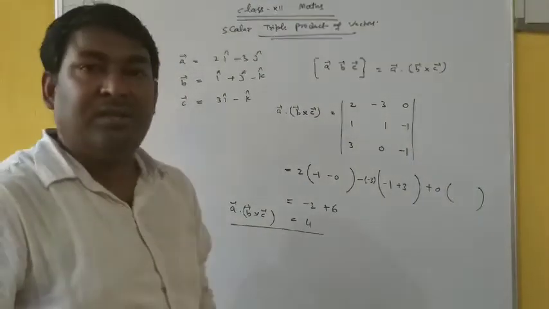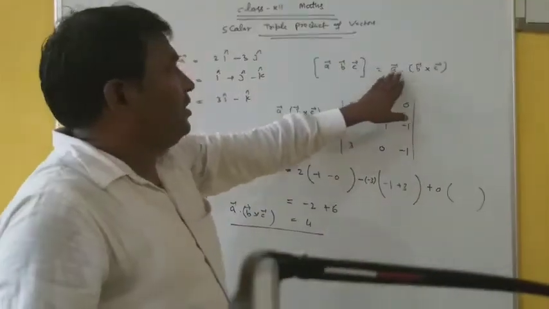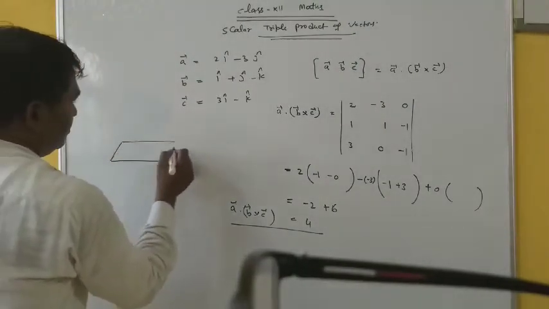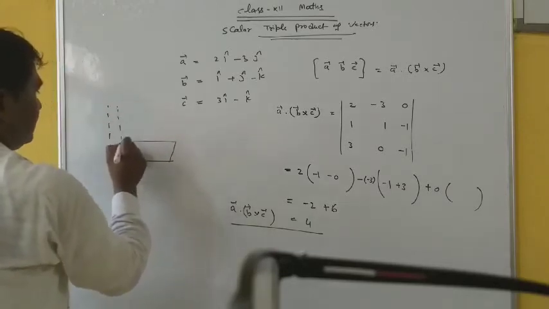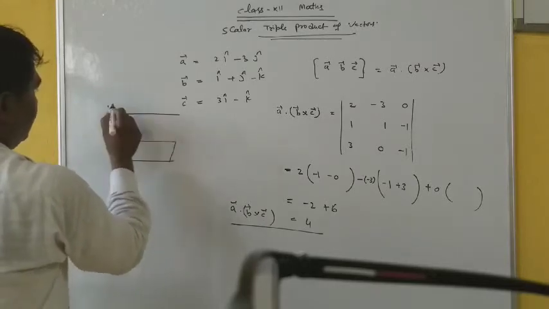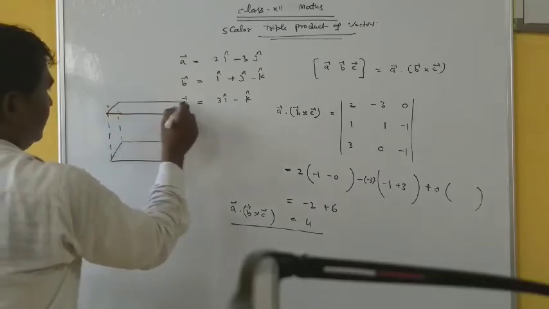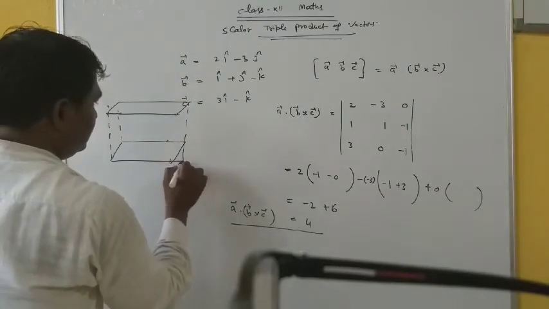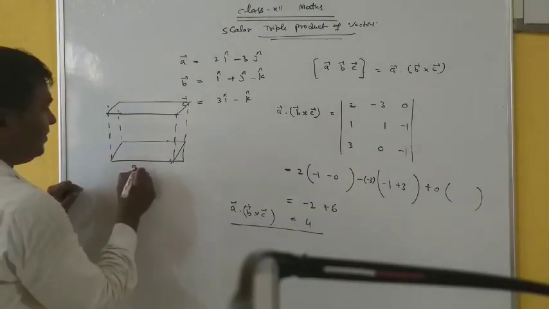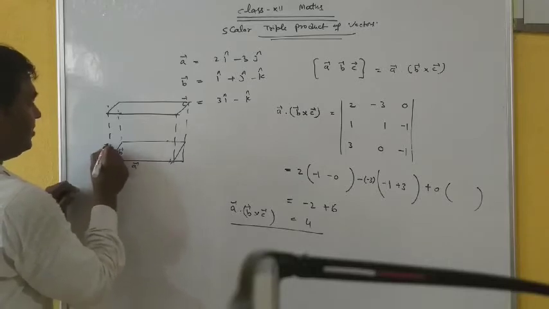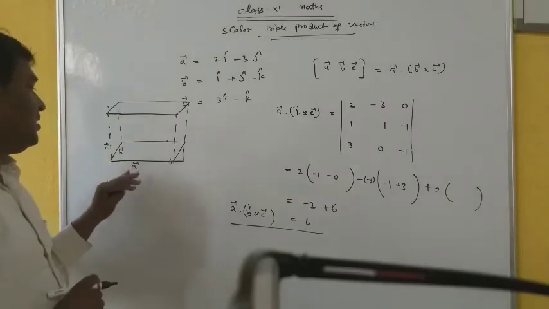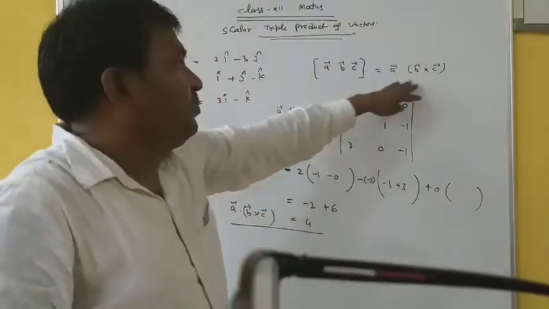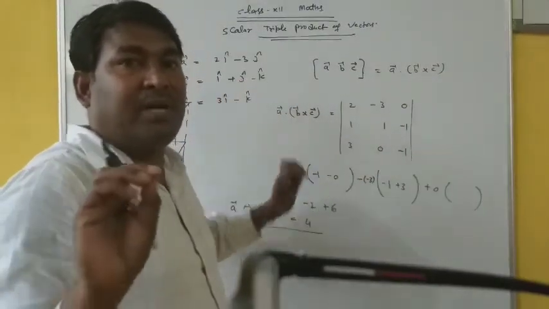What is its physical significance? Since you know that here there are three vectors A, B and C. If you have a parallelepiped like this, and it has some height here also, like this, then if this is vector A, this is vector B and this is vector C, three consecutive sides, meaning its width, its length and its height are A, B, C, then A dot B cross C will give us the volume of a parallelepiped.